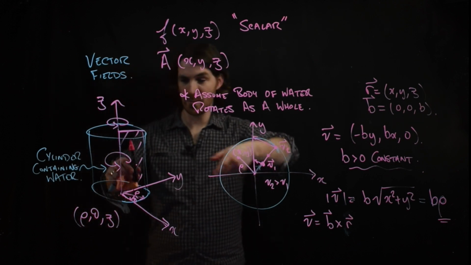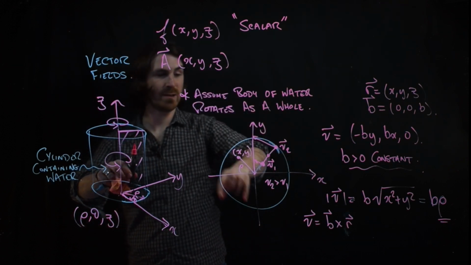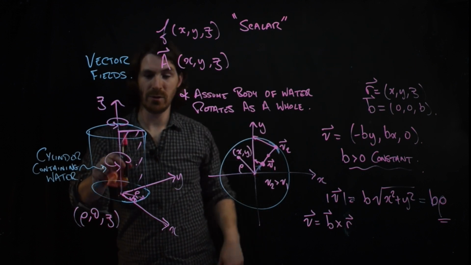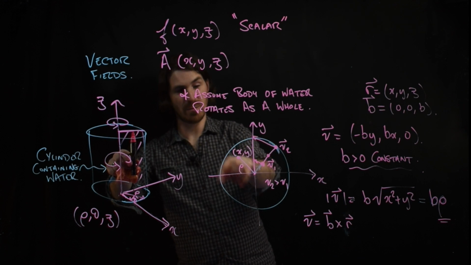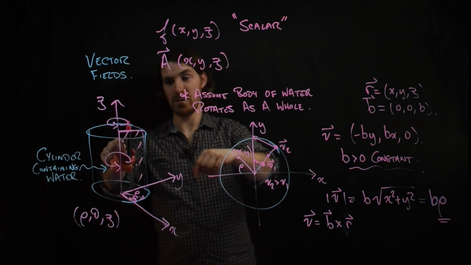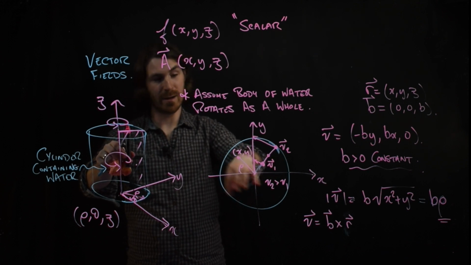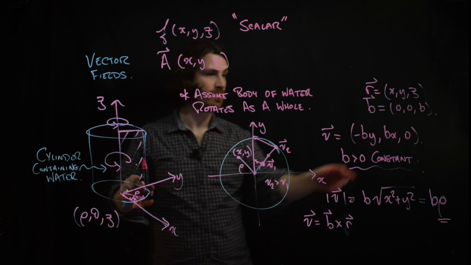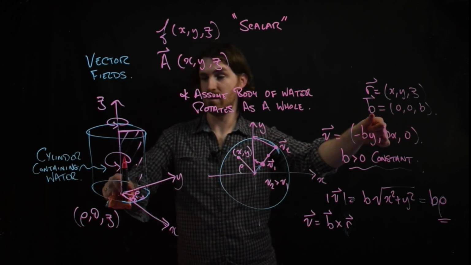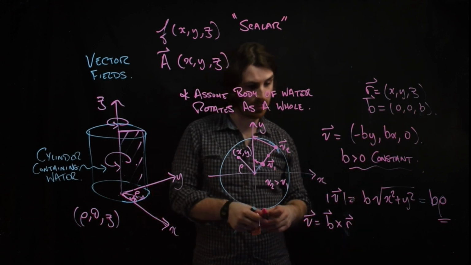If you're rotating something around the z-axis, so it's rotating in the xy plane, then you can describe the speed and direction of the rotation by a vector that is perpendicular to the plane of rotation. So in this case, our b is along z with magnitude b.